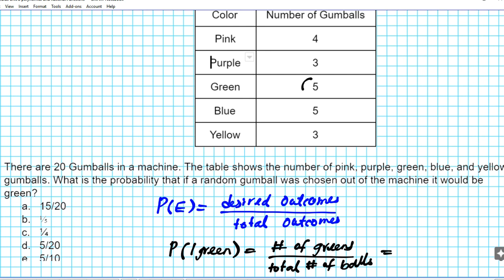There are a total of 5 green balls, so we have 5 over 20. If we reduce that, we can divide the numerator and denominator by 5, and your answer is going to be 1 over 4. Answer to number 8 is option letter C, 1 over 4.